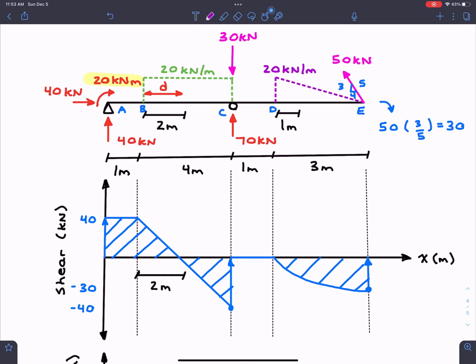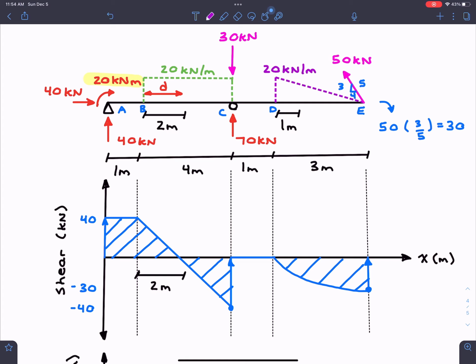Now, it's going to get a little bit tricky, because if we had a force going downwards, we would drop our shear downwards. But for moments, it's actually the opposite, and this is just due to sign convention. What I mean is, if we look at that 20 kilonewton meter, we can see that it is a negative moment.